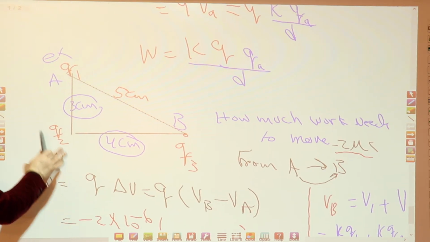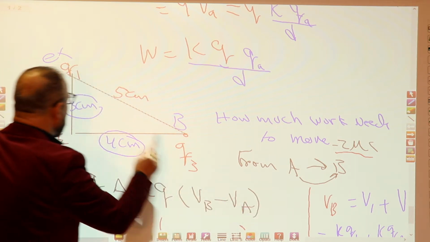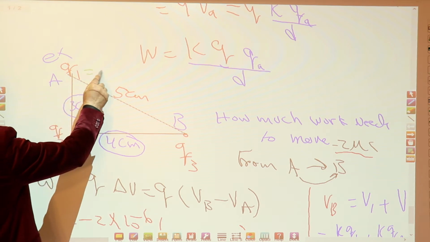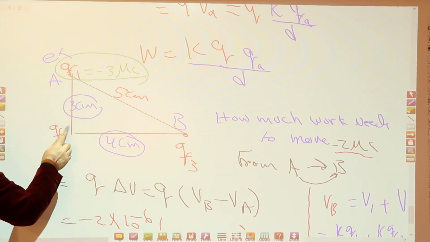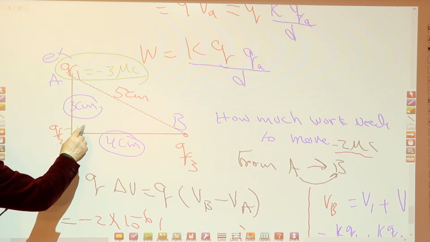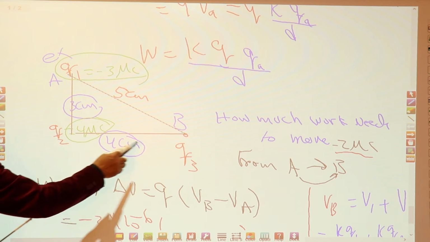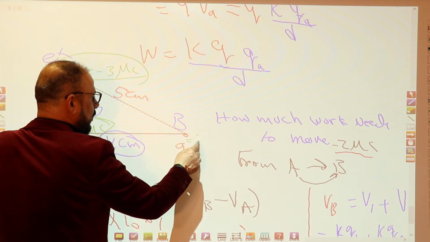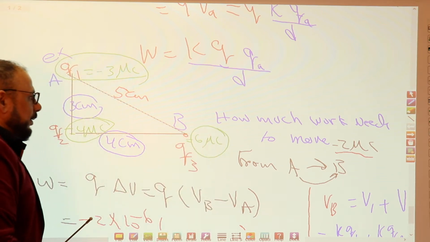Let me give you the values of Q1, Q2, Q3. Q1 is -3 microcoulomb. Q2 is 4 microcoulomb. Q3 is 6 microcoulomb. Okay.